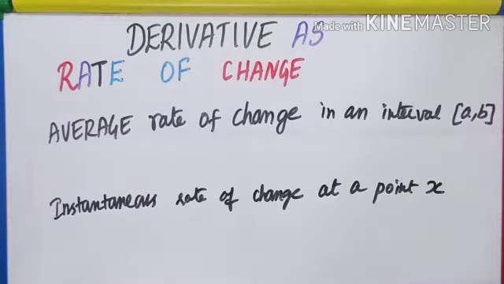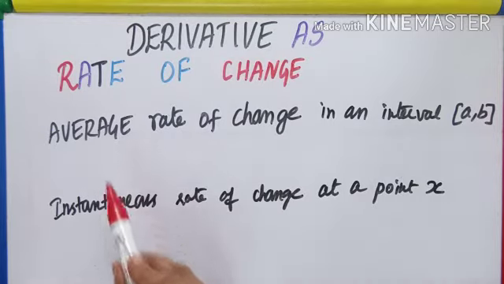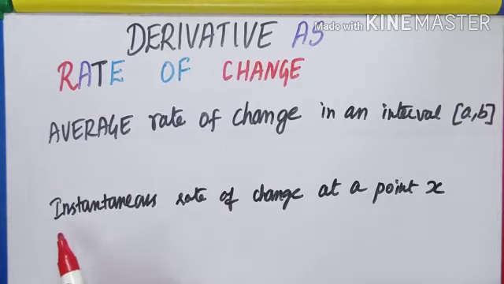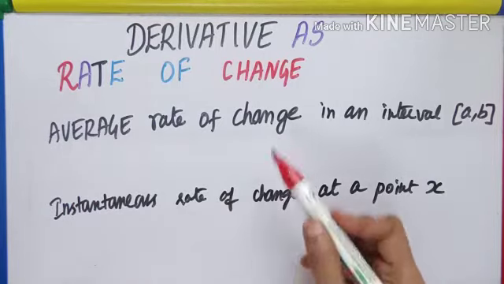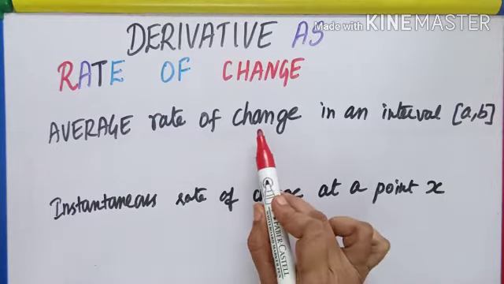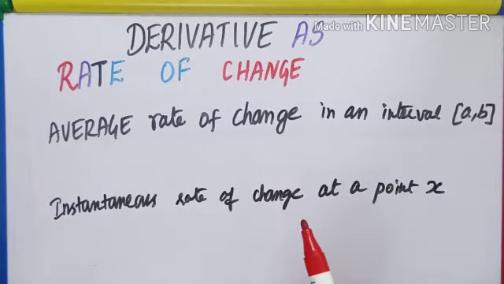The next important idea: rate of change, we have two sections. Average rate of change and instantaneous rate of change. What is the difference? Average rate of change I can find in an interval. Instantaneous rate of change I can find at a point.